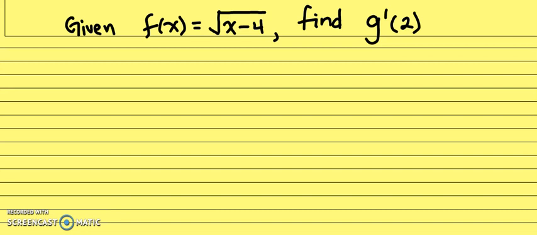Given f of x is equal to the square root of x minus 4, find g prime of 2. So think about it. What are some things that we're going to need in order to find g prime of 2? And the rule is g prime of x is equal to 1 over f prime of g of x.